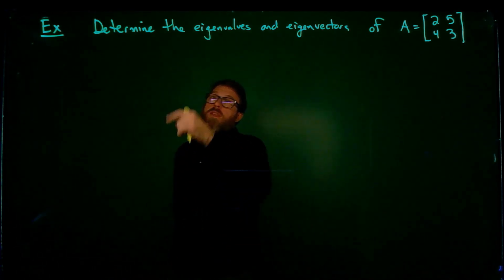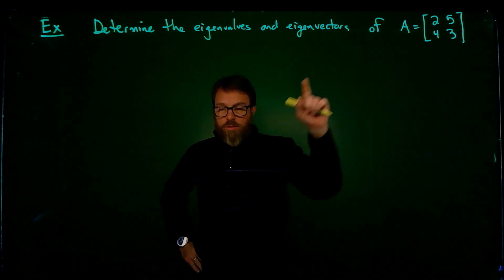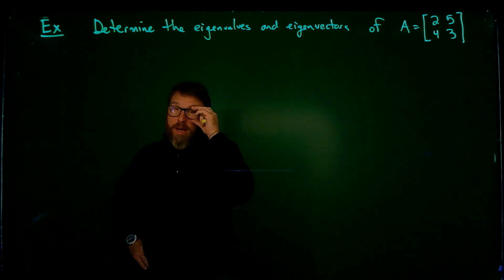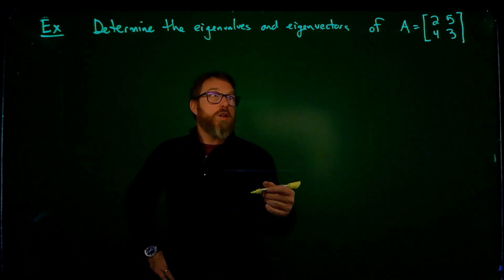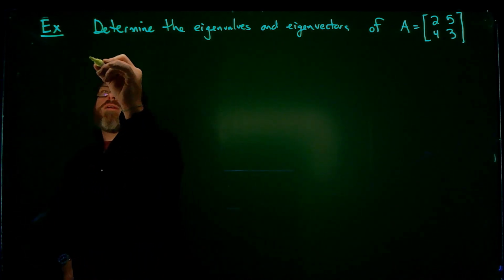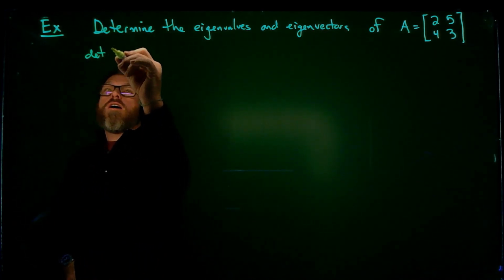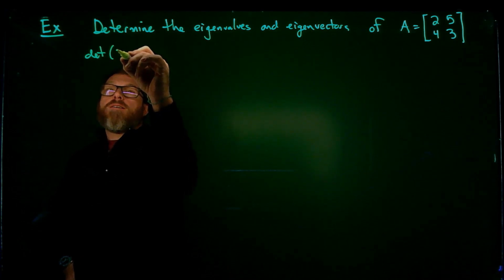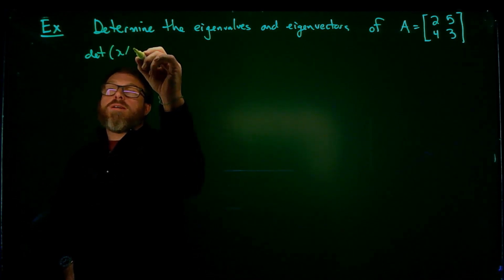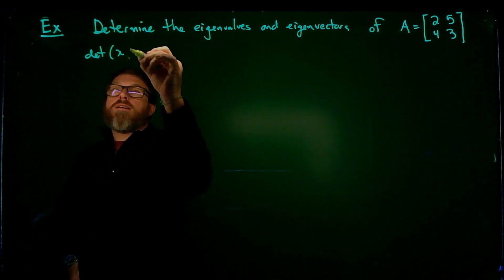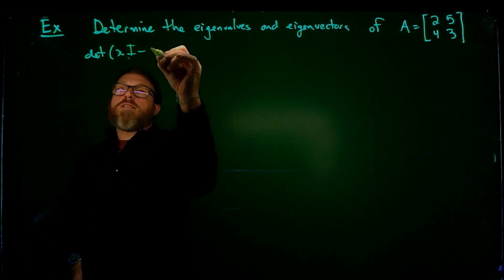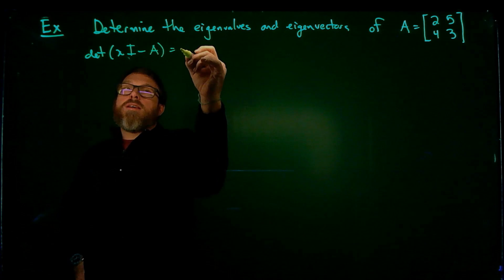So we're going to determine the eigenvalues and the eigenvectors of this matrix, and we're going to do this by that characteristic equation. So what I need is the determinant of lambda times I minus A is equal to 0.